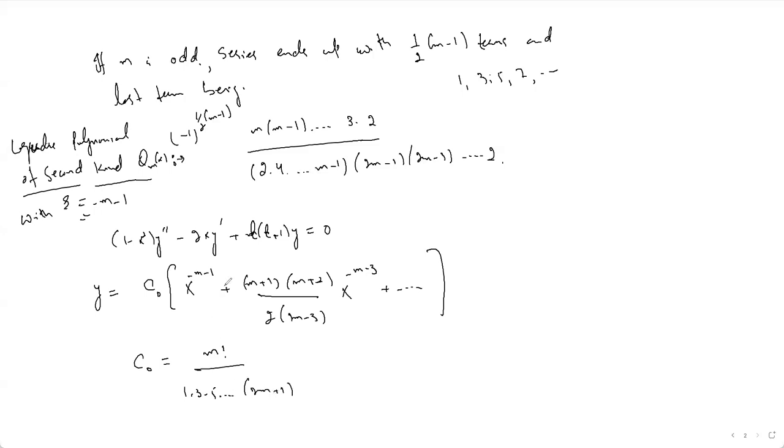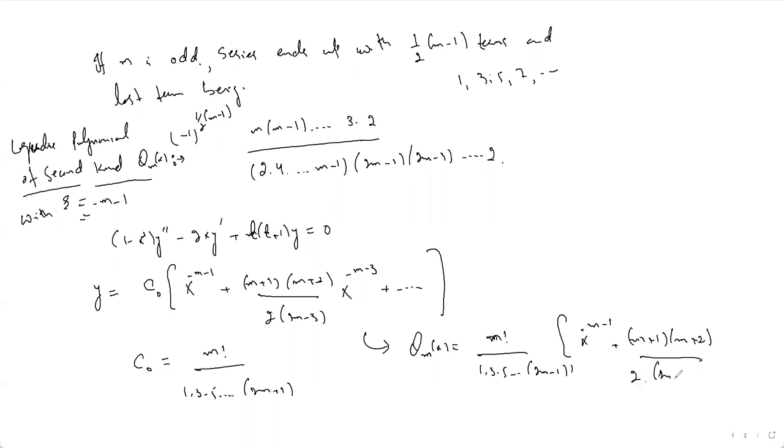Then when we substitute c0 as given by this, I can write down the solution: Q_m(x) is given by m factorial divided by 1, 3, 5, and so on up to 2m plus 1, into x raised to power minus m minus 1, plus m plus 1 into m plus 2 divided by 2 into 2m minus 3, then x raised to power minus m minus 3, plus some higher order terms.